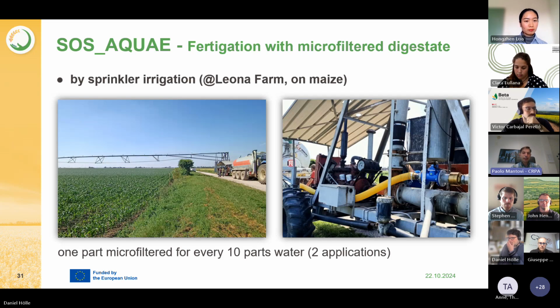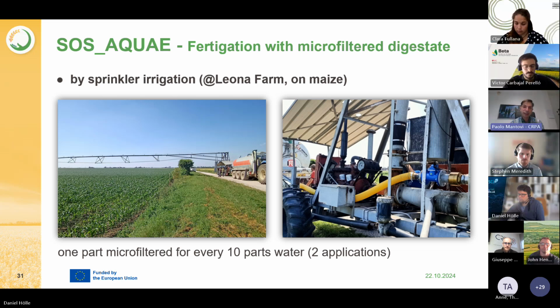So at Leona Farm, we fertigate using the microfiltered digestate mixed with irrigation water by means of a sprinkler irrigation. You can see in the photo the Ranger sprinkler system and a particular of the system that we designed and we apply to inject the microfiltered digestate in the flux of the irrigation water.